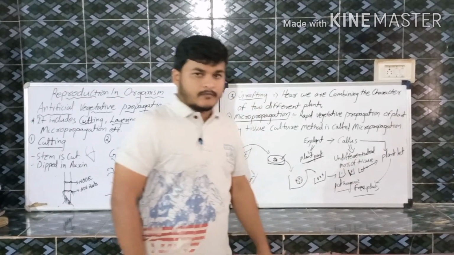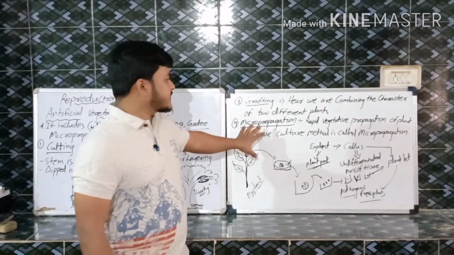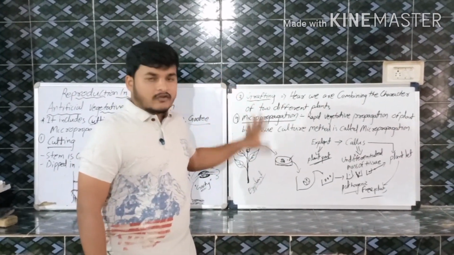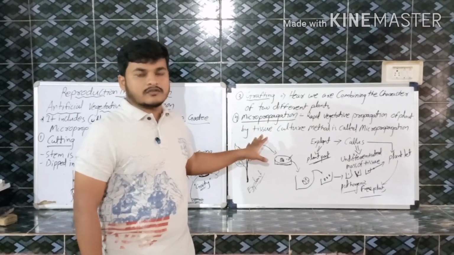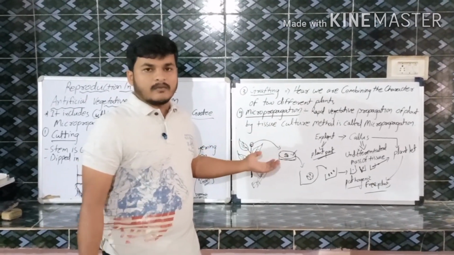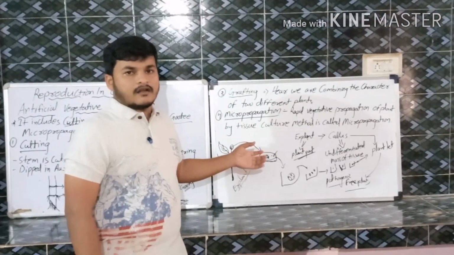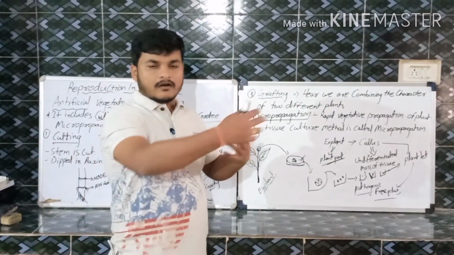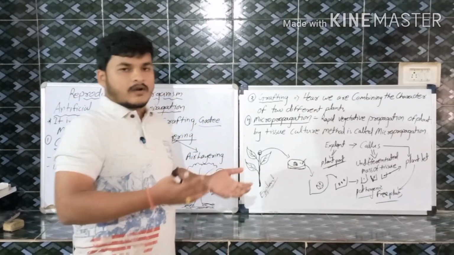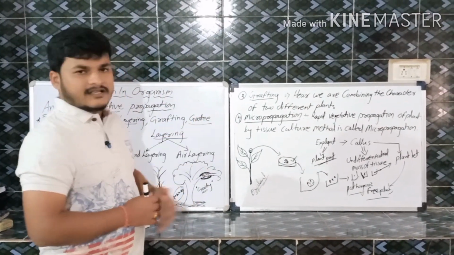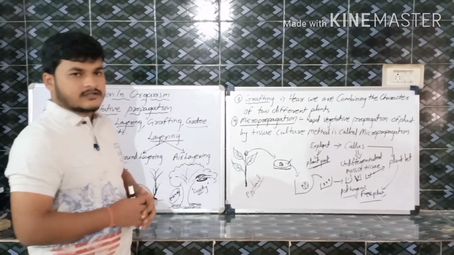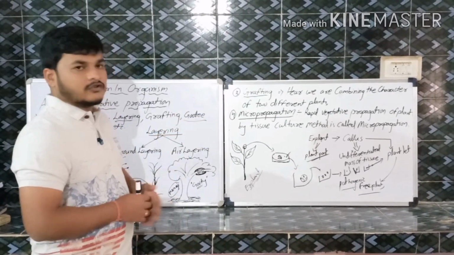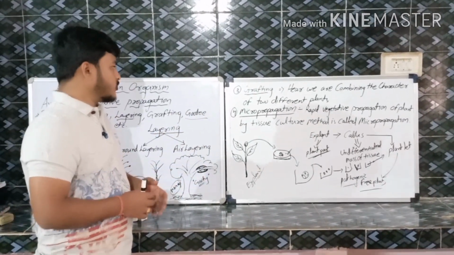So it is a simple process, and micropropagation is mostly used in laboratories to develop a number of new plants from a single cell, to grow a mass of cells and then a number of new baby plants. It is quite useful to develop a plant mass.